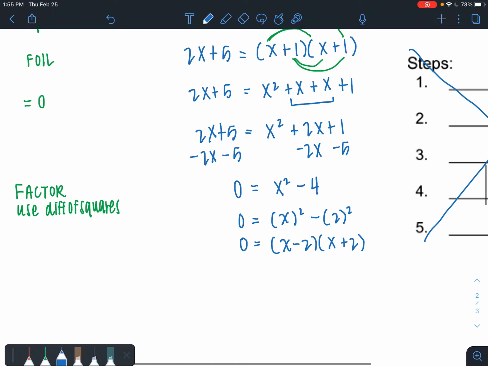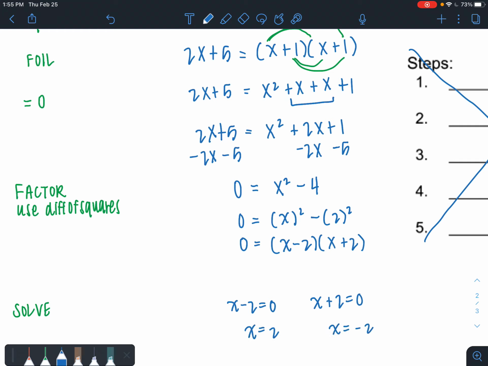Then I solve. I set x minus 2 equal to 0 and x plus 2 equal to 0, and so I get x equals 2 and negative 2. And so that is our solution.